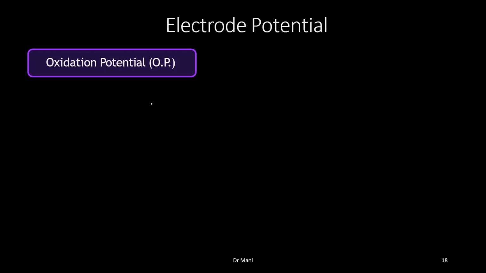Okay, so remember, the greater the oxidation potential, the greater the tendency to get oxidized. Understood? That means elements with higher oxidation potential can lose electrons very easily.